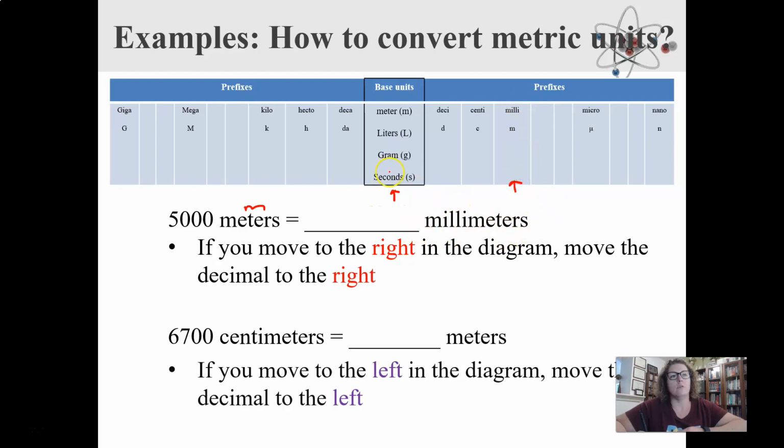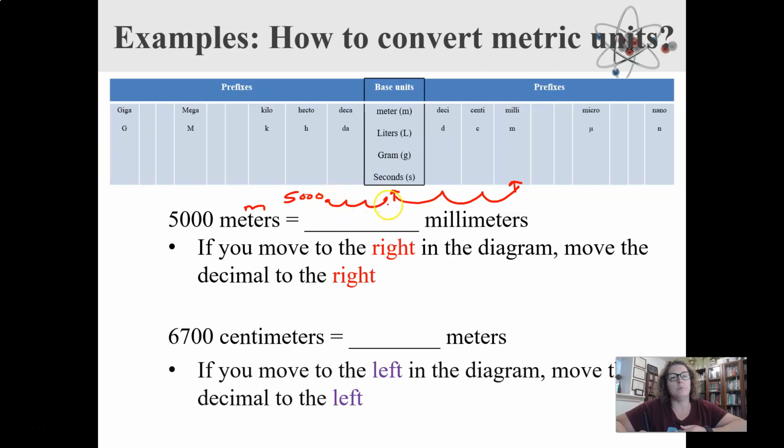Okay? So if I'm starting here, and I'm moving the decimal, and I don't have any decimal to start with. So anytime you have a number that doesn't have a decimal, you start your decimal at the end. And I'm going to start here, and I'm going to move 1, 2, 3, and I'm moving 3 spots to the right. So I'm going to start this decimal and go 1, 2, 3.